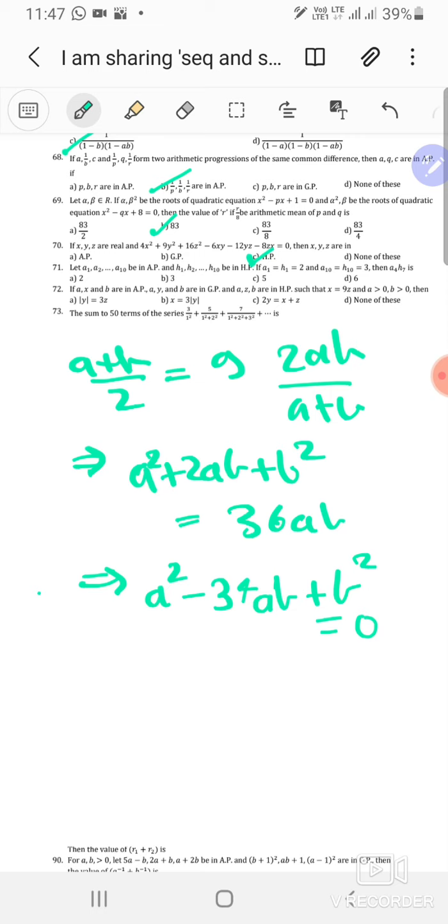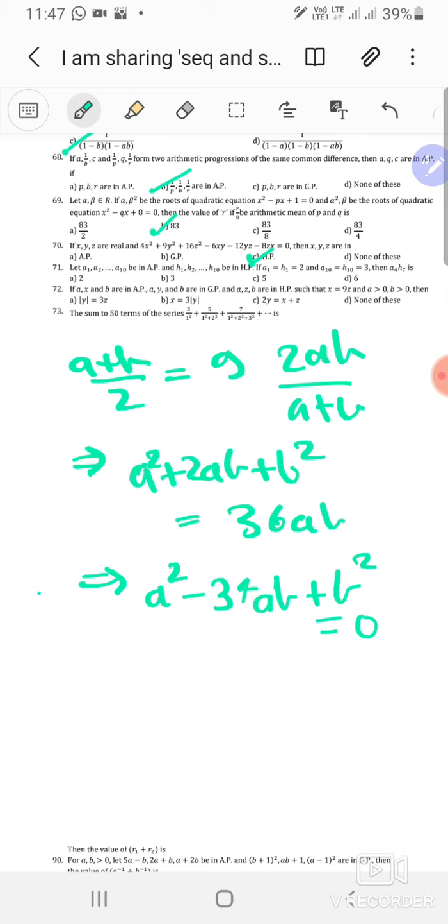So what do we do now? Then, magnitude of y equals 3z, x equals 3 times the magnitude of y, 2y equals x plus z.